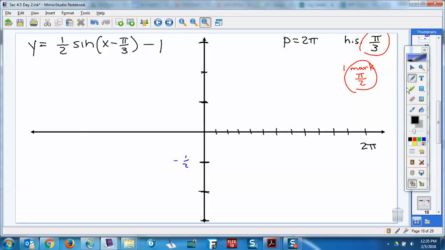And half of that, 1, 2, 3, 4, 5, 6, that's going to be my pi, right? And 3 markings in, that's going to be pi halves. And 3 more markings, that's going to be my 3 pi halves right there. So there are my 5 important markings: beginning, pi halves, pi, 3 pi halves, 2 pi, because of the period. So we always need those markings in there because of the period.